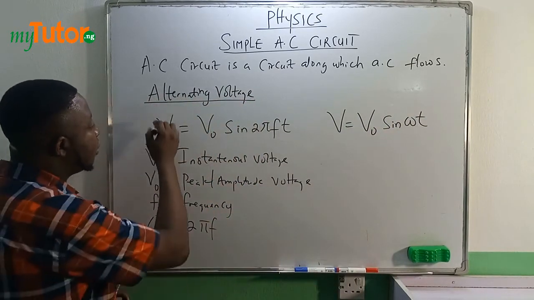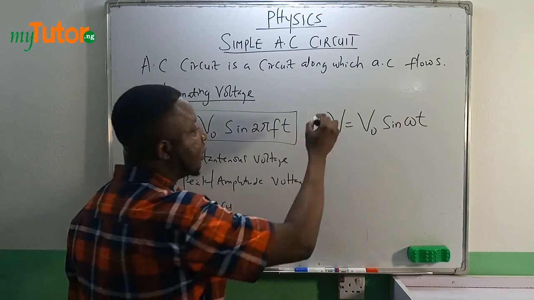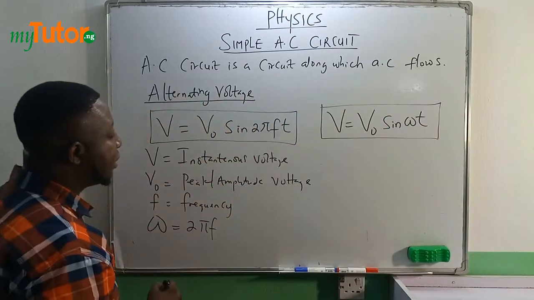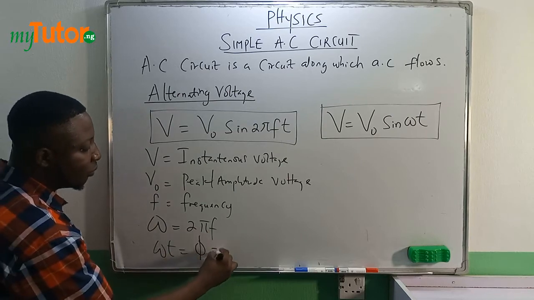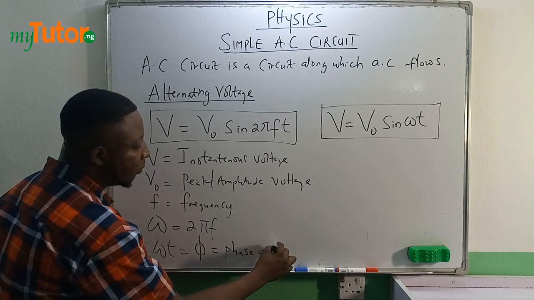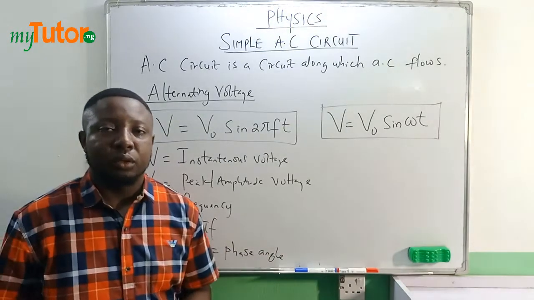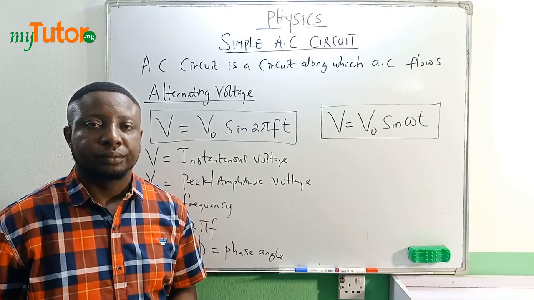So that gives us the two equations representing an alternating voltage. And recall, we said that our omega t is called the phase angle, which is in degrees.